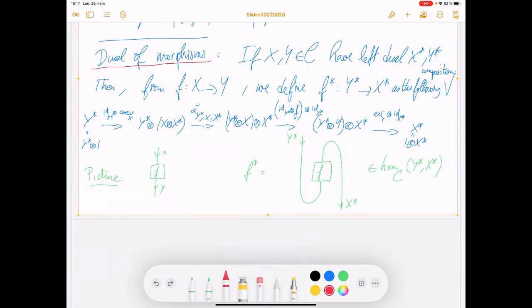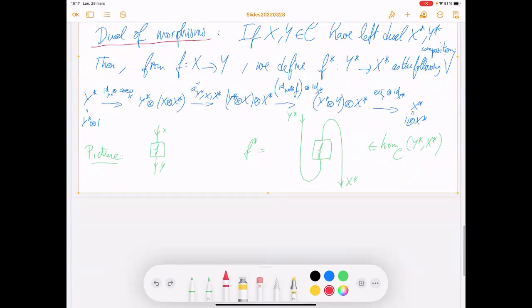Okay, so this is a picture for the dual. You see, this is like if you rotate, in fact, you make a rotation of the morphism.